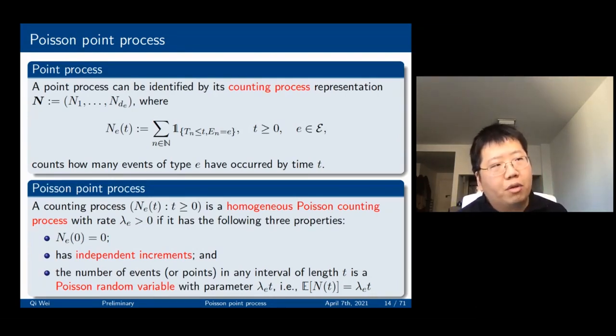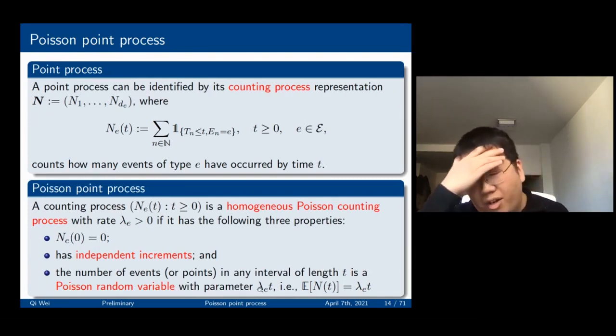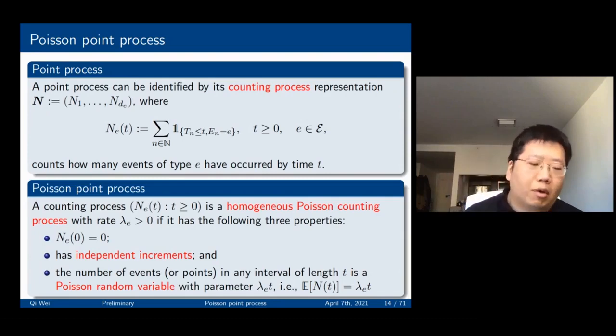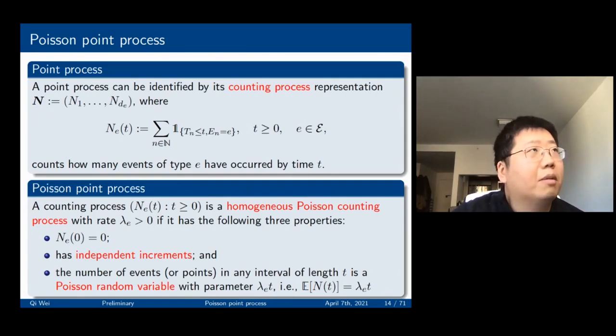A natural derivation from this property is that the intervals between arrivals follow an exponential distribution with parameter lambda_e, and also some other interesting properties, like the arrival times themselves follow an Erlang or gamma distribution. Right? So that's the basic Poisson distribution.